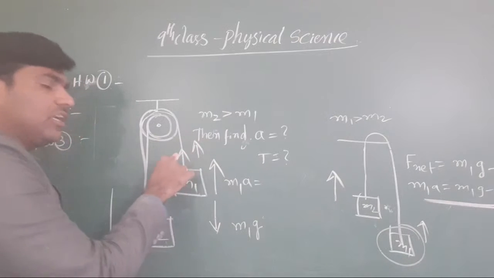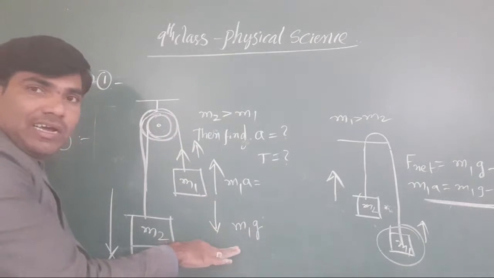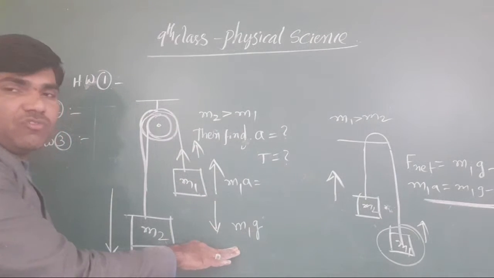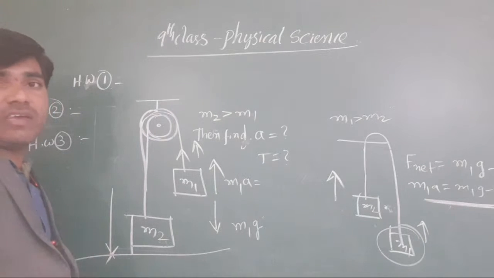M1A and tension are both in one direction, and it is opposed by the gravitational force. Understood, all the students? That's why the formula totally changes.